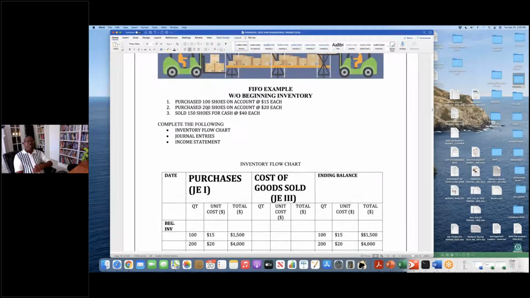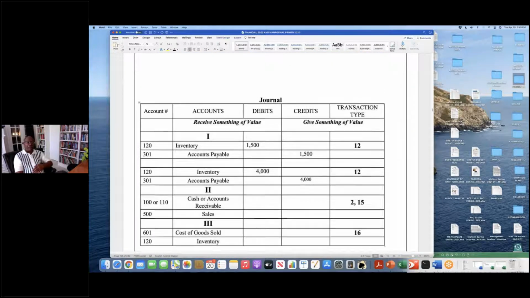What is 150 times 40? Yes, it's 6,000. That's journal entry 2. Has nothing to do with the chart.